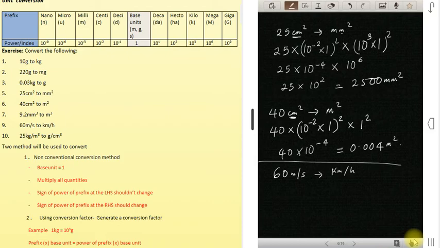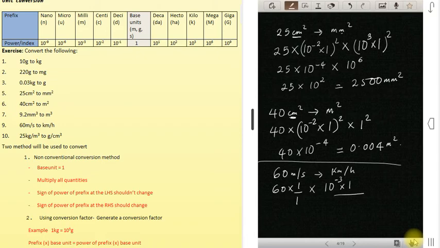Okay, now I need to do the same thing here. 60 times base, which is 1, over base, which is 1, times kilo is a prefix, which is 10 to the power of 3. So I'm going to change it to negative 3 since it is on the right hand side, times 1, okay, over hour.